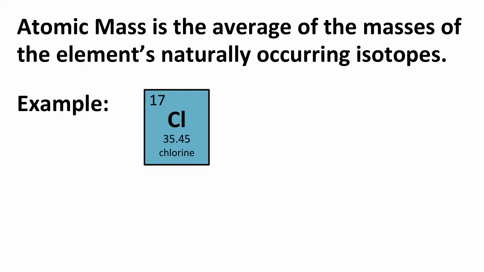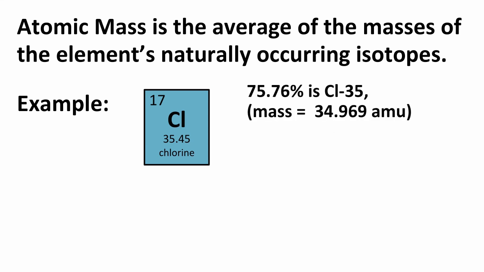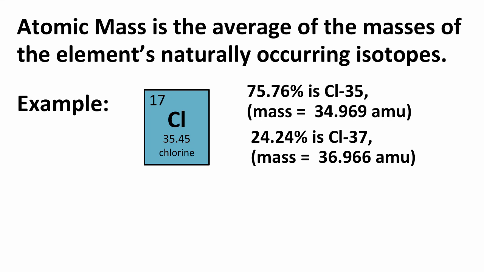Now, this might be easiest to see by example, so let's do chlorine because this one has 2 predominant isotopes. It has the isotope chlorine-35, which has a mass for one atom of 34.969 AMU, and 75.76% of the naturally occurring chlorine is chlorine-35. Similar idea for the remaining 24.24%, that's chlorine-37.